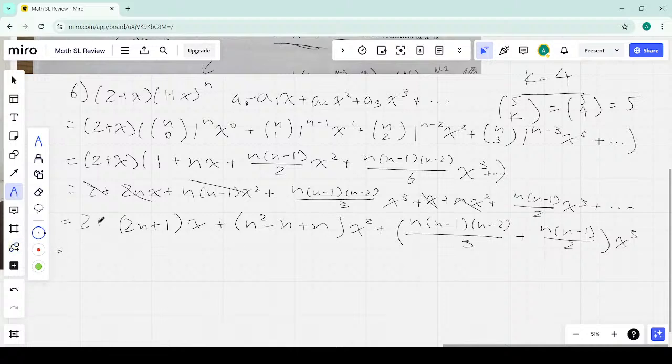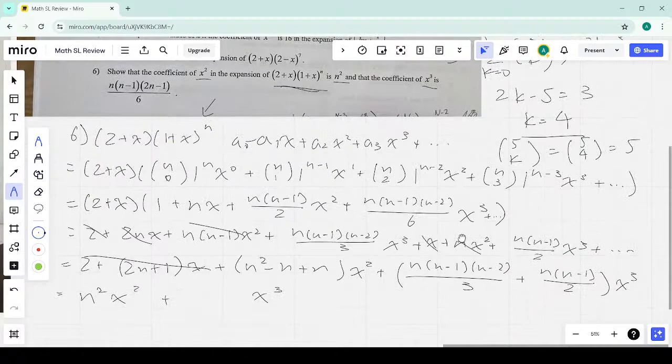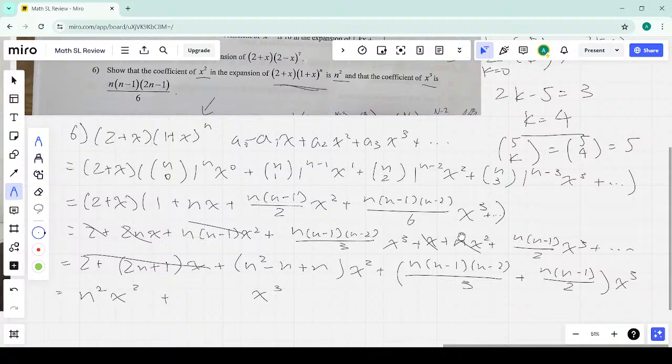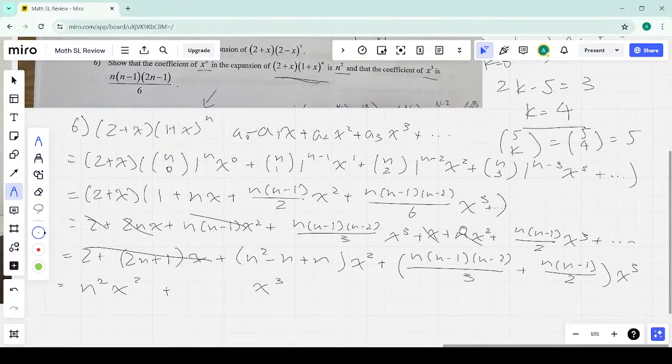So I don't really care about these terms, but the coefficient of x squared is n squared, and the coefficient of x cubed is, let's see, well, you can do the expansion, but you should end up with what is up here, over 6.